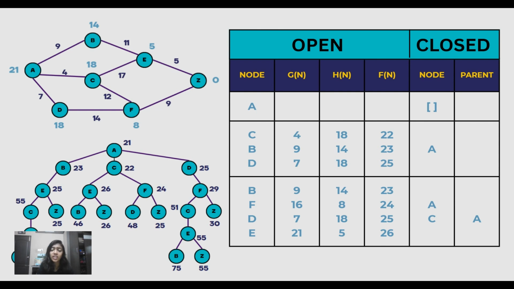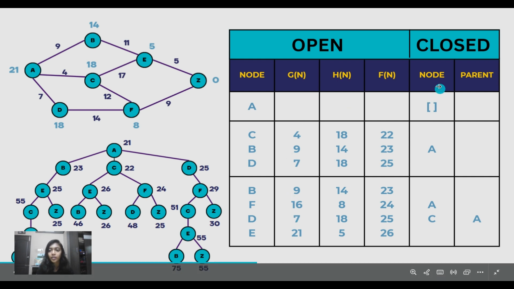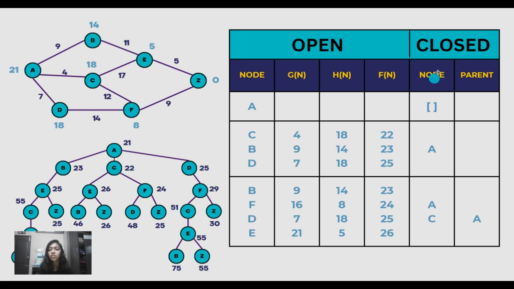So initially, we will start exploring the starting node, which is A. As we have not expanded any other nodes, the node subcolumn for the closed column will be empty. You can observe from the search tree that there are three children for A, which are B, C, and D. Each of the children has an f of n value associated with it.